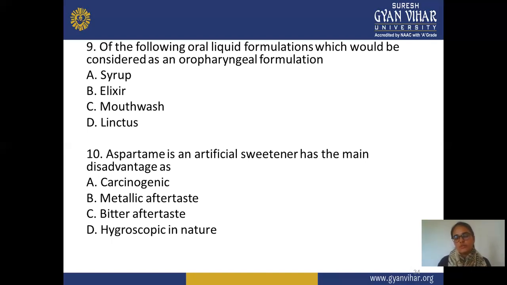Out of the four options ABCD, you can select the disadvantage of aspartame. A is carcinogenic, B is a metallic aftertaste, C is a bitter aftertaste, and D is hygroscopic in nature. So these are the four disadvantages, and out of these you can select the one correct option suitable for aspartame as an artificial sweetener.